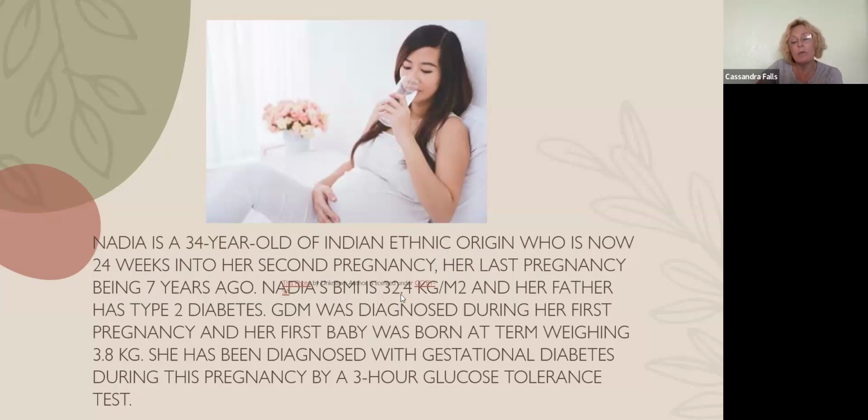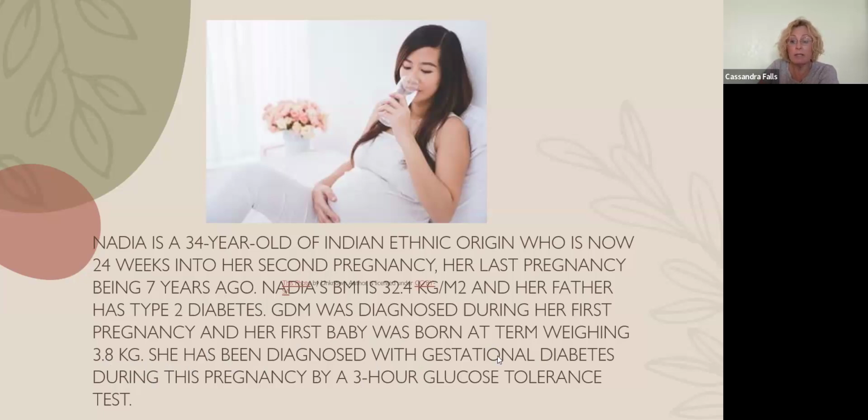Her BMI, what's considered obese? Over 30. She's just barely over the obesity limit, isn't she? Her dad has a history of diabetes. She was diagnosed with gestational diabetes in her first pregnancy, and 3.8 kilograms is a pretty good sized baby.